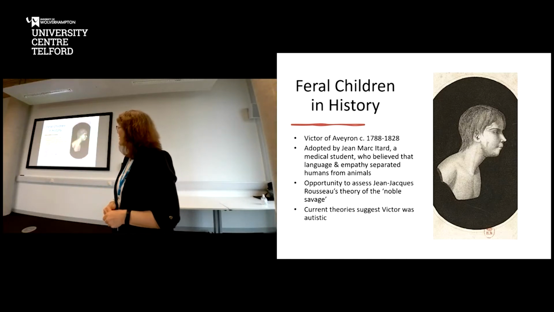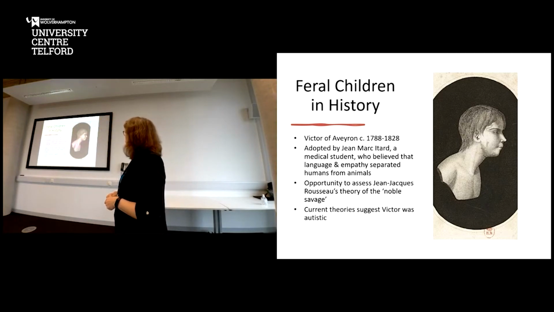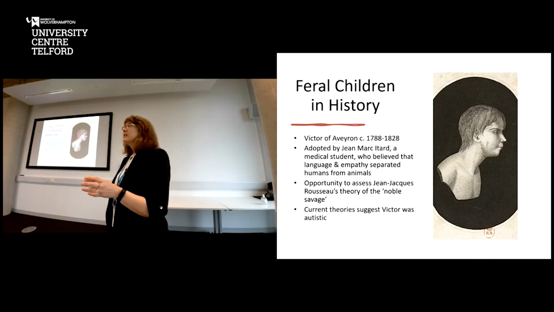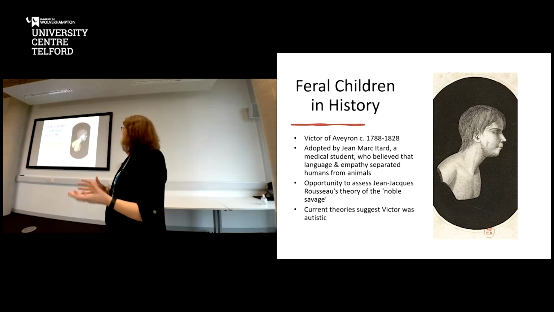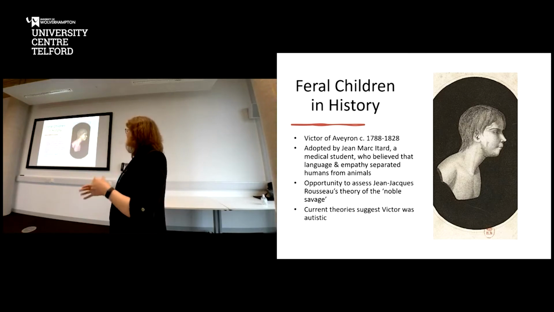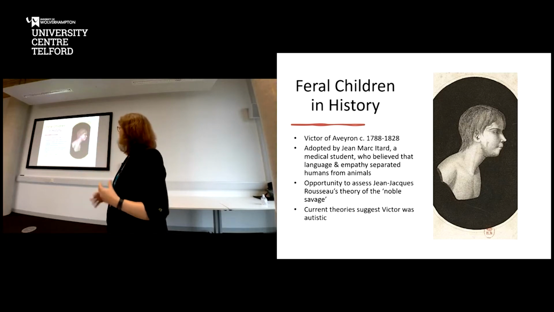And eventually he was adopted by Jean-Marc Itard, a medical student, who believed that language and empathy were what separated humans from animals. And at the time, we've got the age of the Enlightenment, we've got Rousseau's ideas of noble savages, and all this sort of thing.